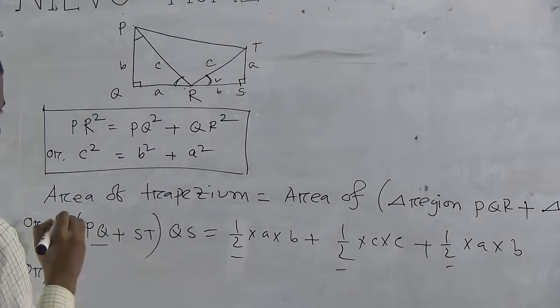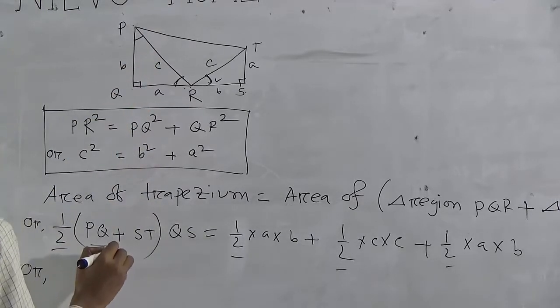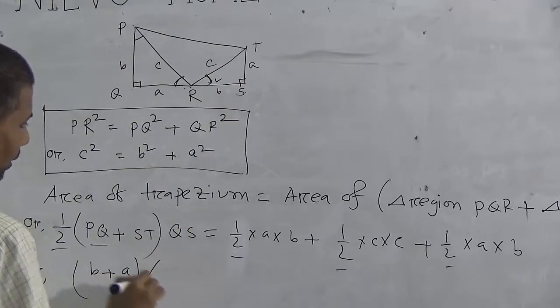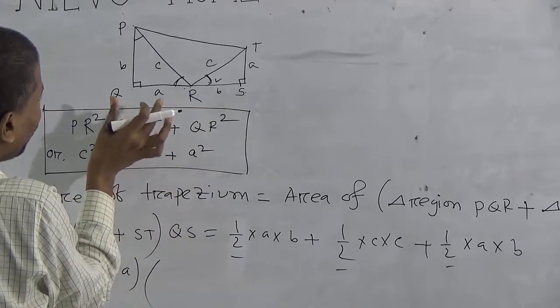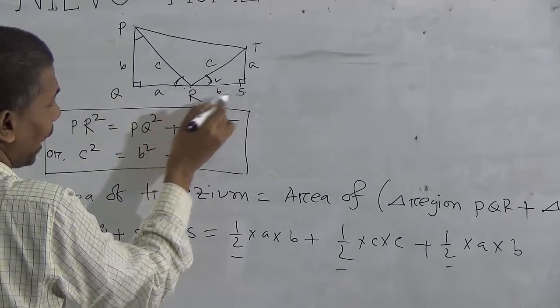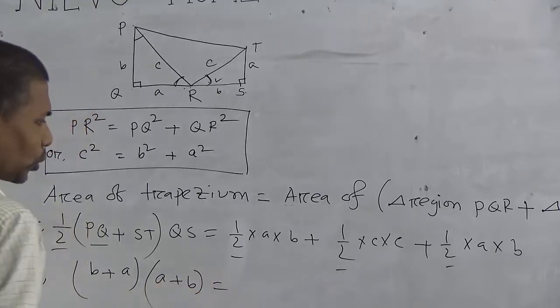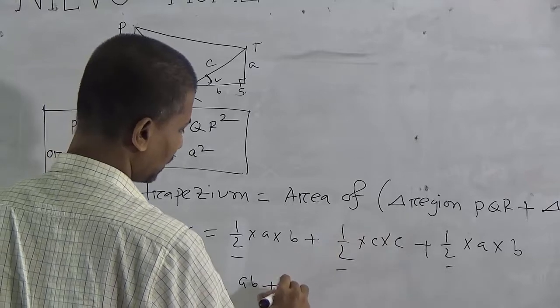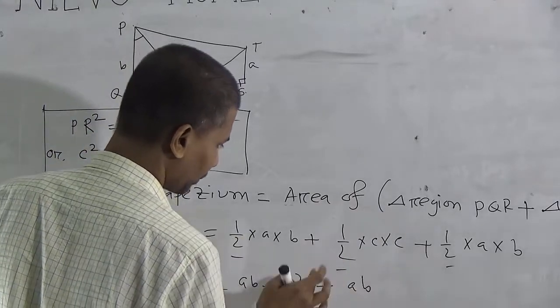Okay, now put PQ equal to B plus ST equal to A. Now QS equal to what? I told you QR plus RS, that means A plus B equal to AB plus C square, C into C square, AB.